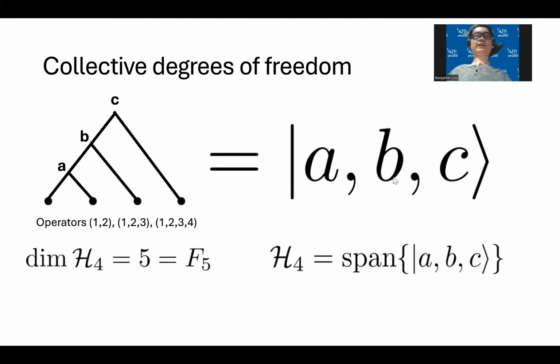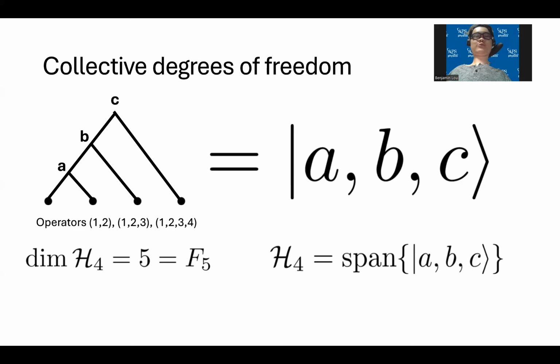It turns out that certain restrictions apply on these three numbers due to the fusion rules mentioned earlier for the Fibonacci anyons. This restricts the dimension of the topological Hilbert space to 5, which incidentally is the 5th Fibonacci number.